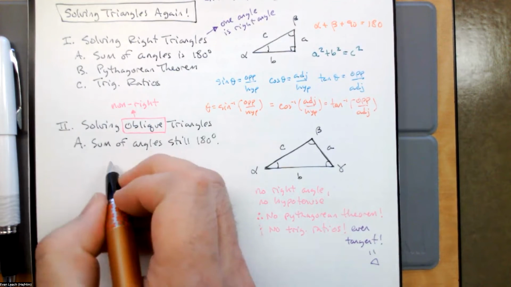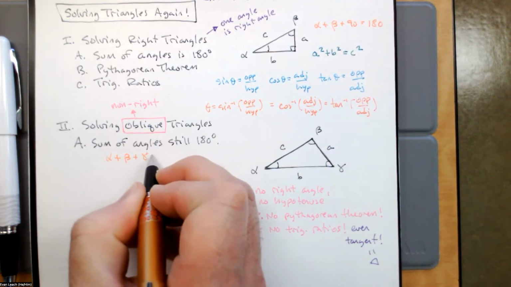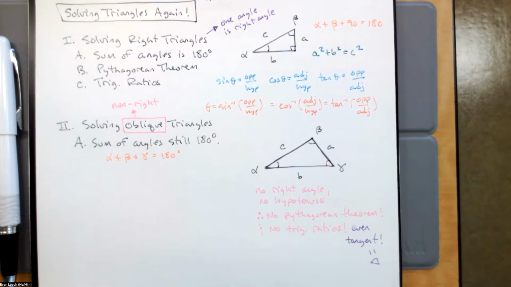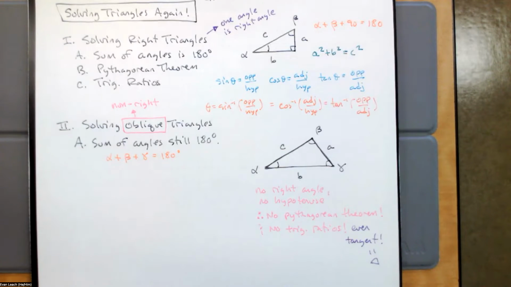So I still get to say that alpha plus beta plus gamma is 180. The sum of the angles, that one's still in play. We need a replacement for the Pythagorean theorem.